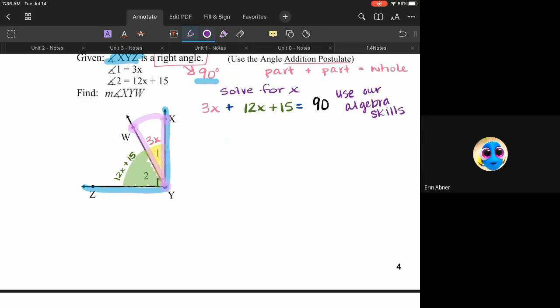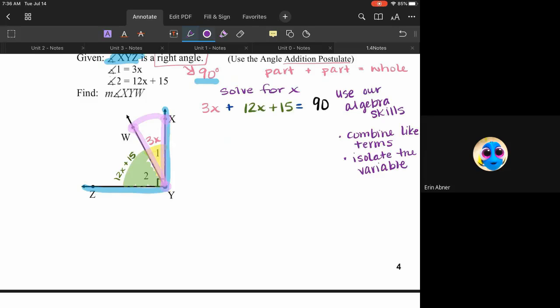Okay, so that means we're going to combine like terms. Then we're going to isolate the variable.